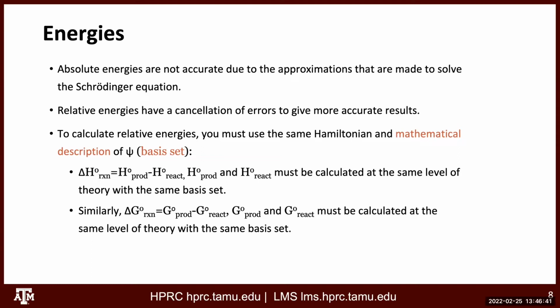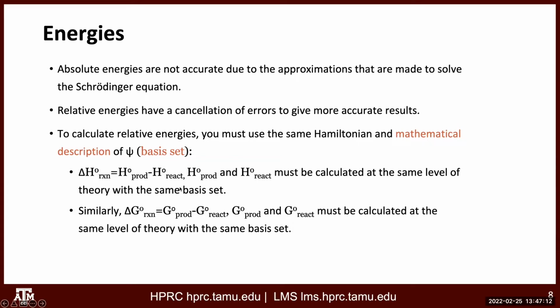Still, the absolute energies are not accurate because we have so many approximations embedded in our methods to solve the Schrodinger equation. Relative energies have a cancellation of errors, so they would give you more accurate results. To calculate relative energies, you must use the same Hamiltonian, the same method and the same basis set.